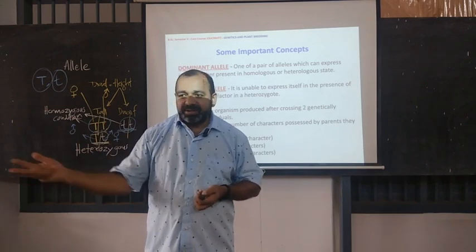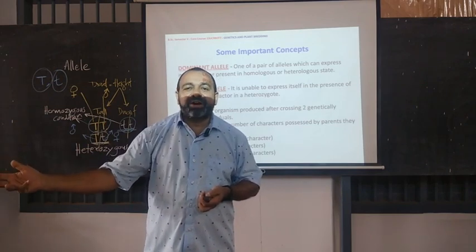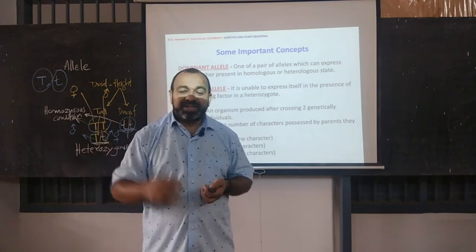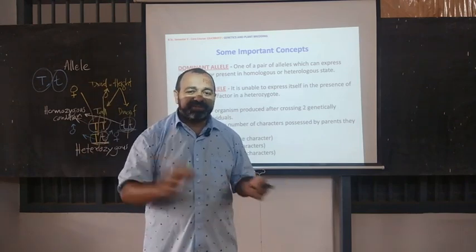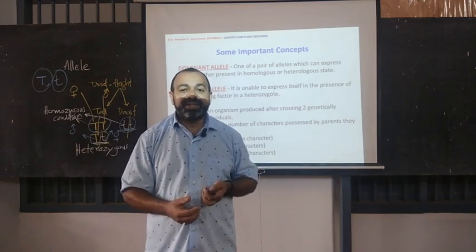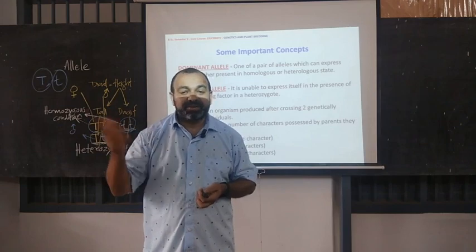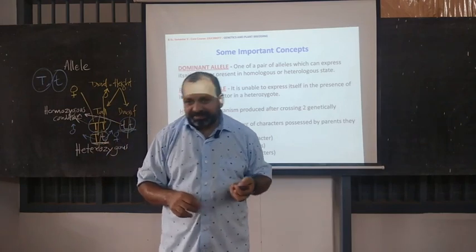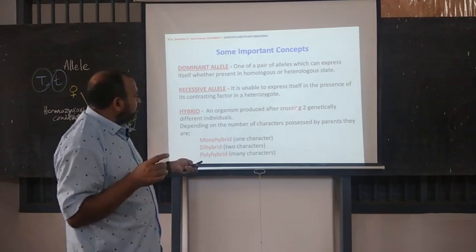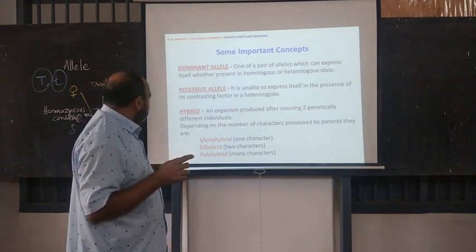Or we can have a GxD coconut in our field, a tall variety and a dwarf variety crossed together to produce a new one called GxD, a high-yielding, disease-resistant variety. So a hybrid is an organism produced by crossing two genetically different individuals.